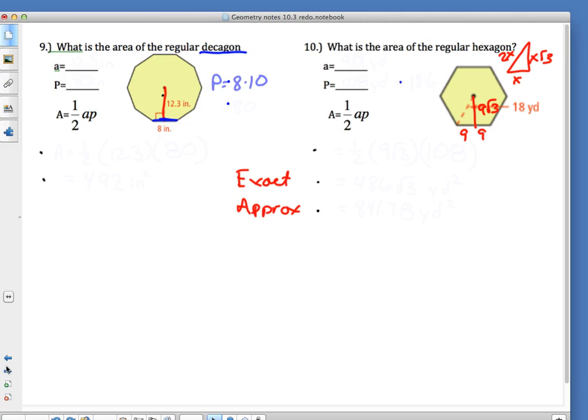So perimeter is 80, and I should put units on that. That's 80 inches. My area, apothem is 12.3. I just gave you two values of the formula we were just told about. That formula, 1/2 AP, pop it all in, use your calculator, and hit enter. Go.